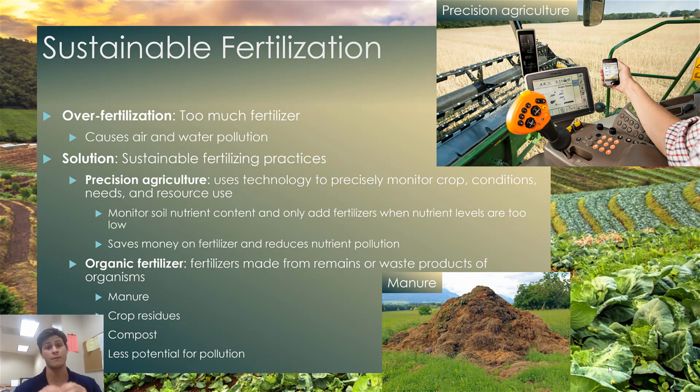Because it is not this pure form of nitrogen and phosphorus, other organisms can rapidly break down that stuff, and so it reduces the capacity for actual pollution simply because these materials are taken up so quickly. So basically, using precision agriculture and organic fertilizers are a great way to reduce the problem of over-fertilization.